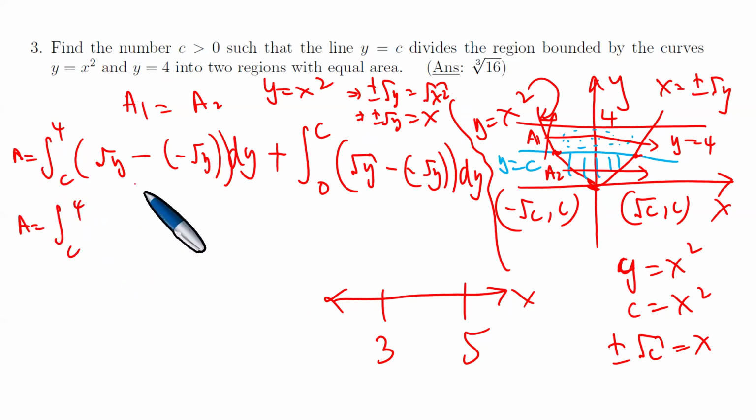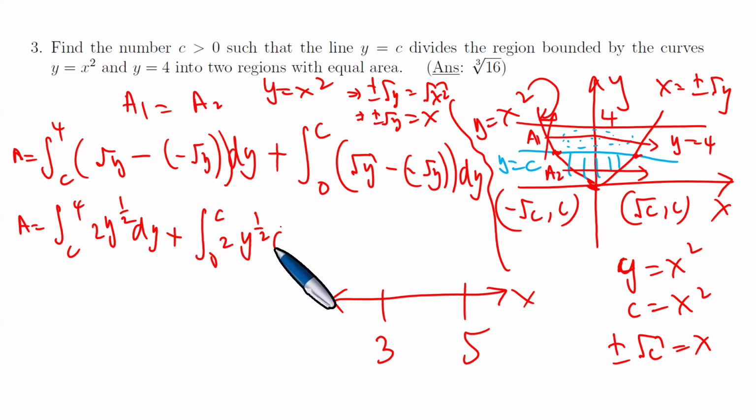So it's going to be from c to 4, then you have the square root of y, 2 times the square root of y. The square root of y is y to the 1/2, dy, plus, then from 0 to c, 2 times y to the 1/2, dy.